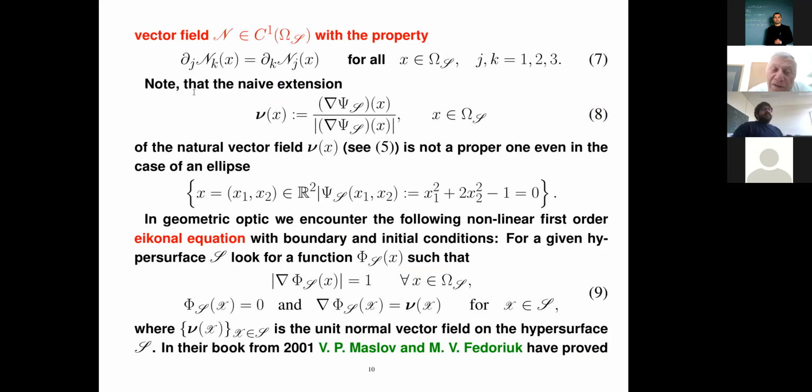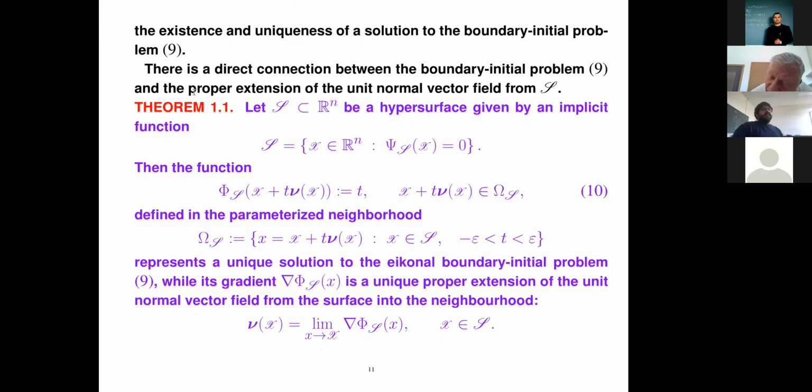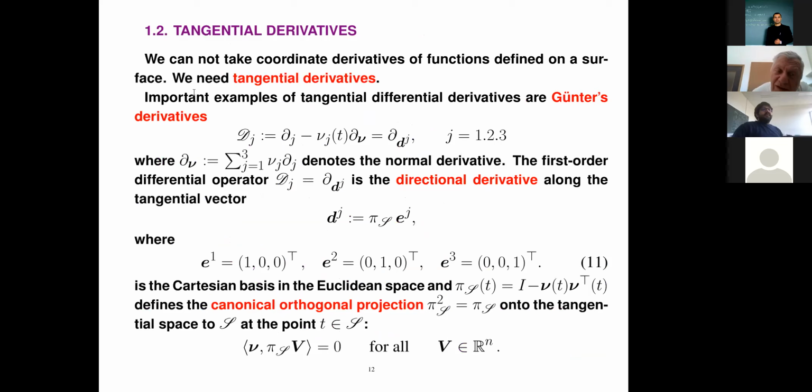And this normal vector field has the property that it is a gradient vector field. Here it is. The tangential derivative D_g is the coordinate derivative minus the normal derivative multiplied by the appropriate component of the normal vector field. So it's, as I told you, the projection of these coordinate derivatives on this surface.